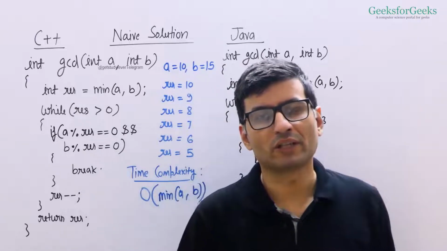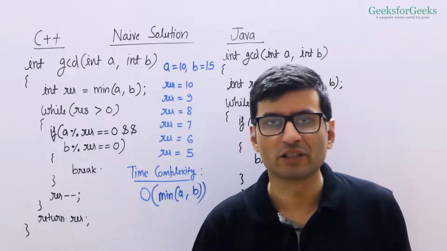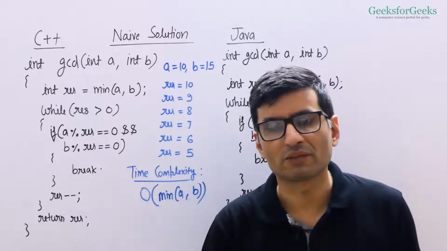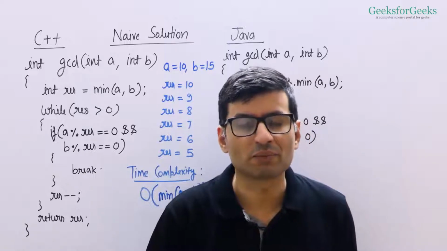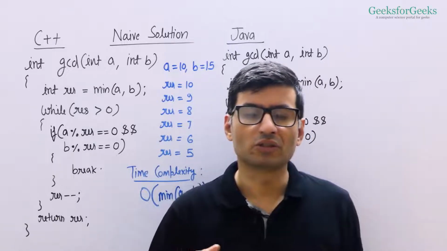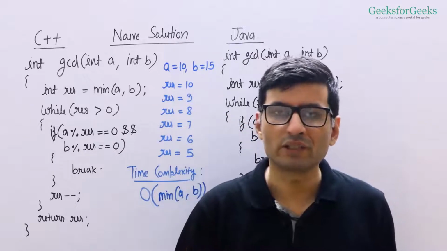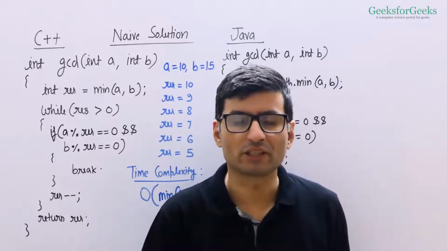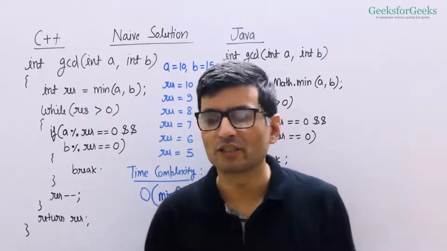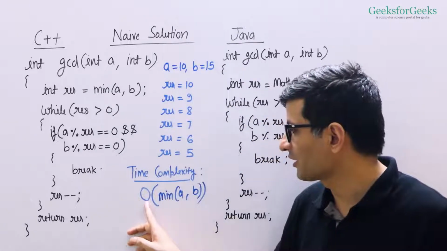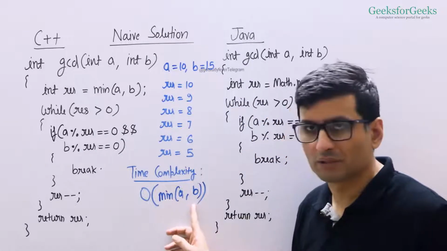For example, if your a is 7 and b is 13, you'll begin with 7, then 6, then 5, then 4, then 3, then 2, then 1. You will stop at 1. So you're taking time proportional to 7, right? So in the worst case, it's going to be the minimum of a and b. In other cases, it might take less time, right? It might stop at the first iteration itself. For example, 100 and 200. So we use big O notation and we say the time complexity is O of minimum of a and b.